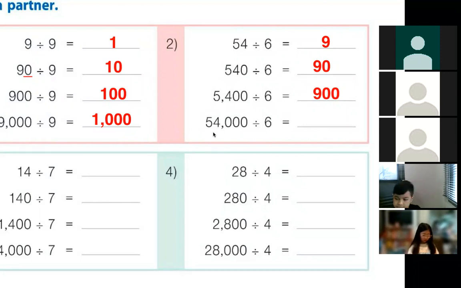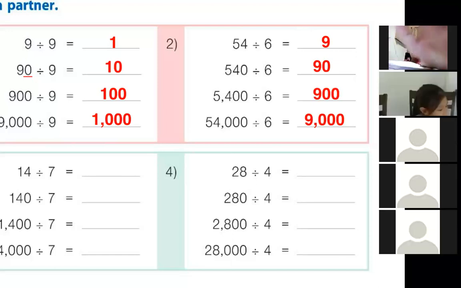How do we read this number, Andaman? 54,000. Divided by 6 is 9,000. Very good. So 9,000. Okay, good. Thank you. Good job.